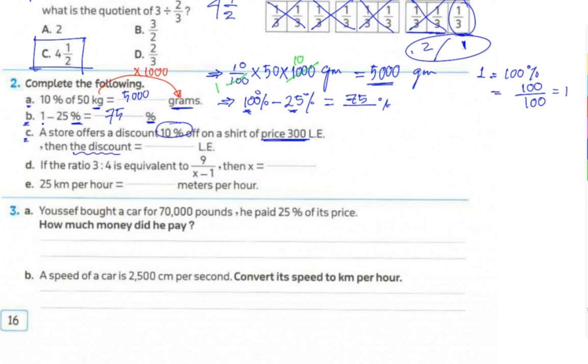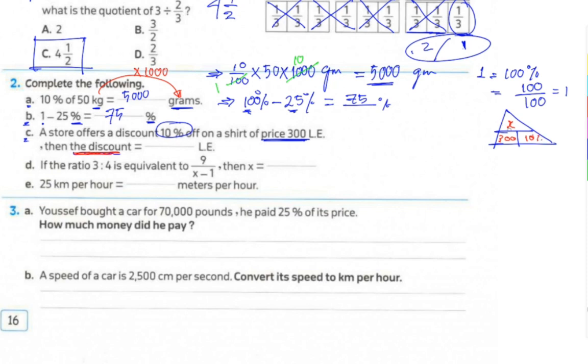I will use the star algorithm. Here I will put the part. What part? It's x. I don't know what the part is. What's the whole number here? It is 300. That's the total price. And the discount or the percent is 10%.